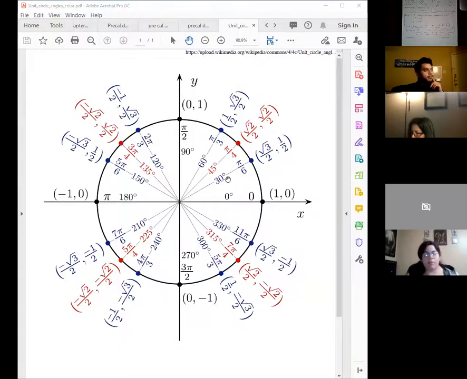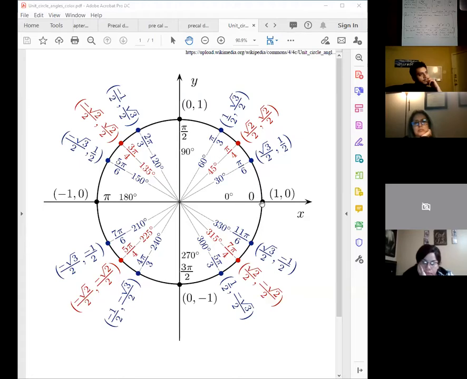Basically, what they mean by arc length: let's say you're right here at 0, and you travel over here. What is that length? The length of this curve is what S is talking about. You need to be given a radius, and this is a unit circle, meaning a radius of 1, so R would be 1 here.